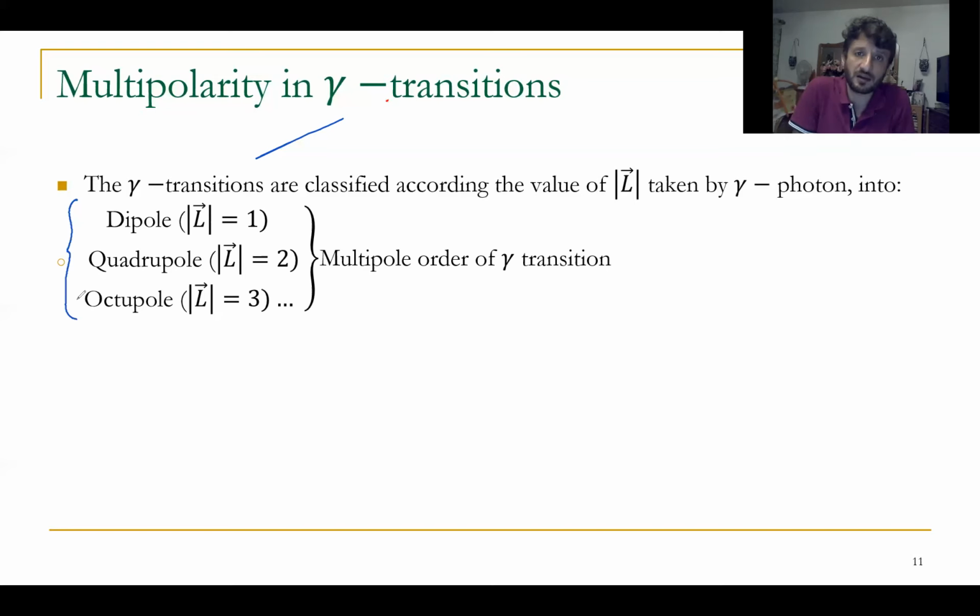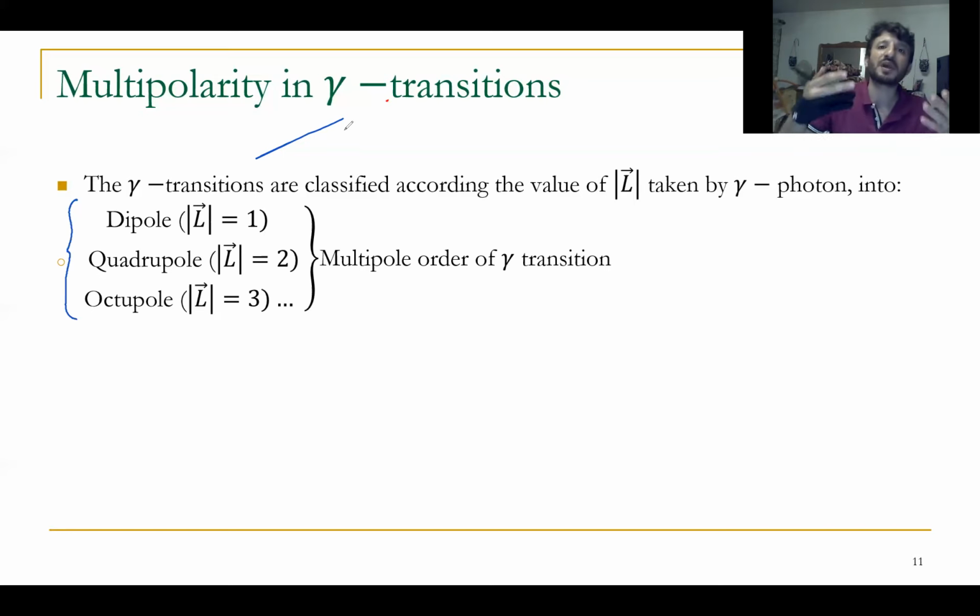If L equals 1, you can say we have a dipole transition. If L equals 2, we have a quadrupole transition. If L equals 3, we have an octupole transition. If L equals 4, we have another kind of transition. So here you have to know the multipole order of gamma transition.